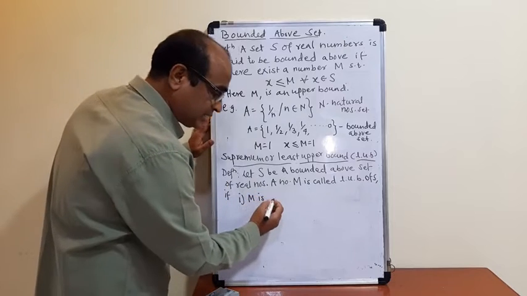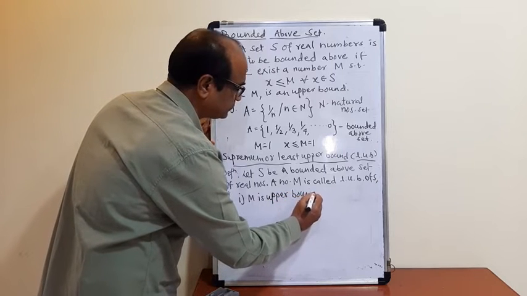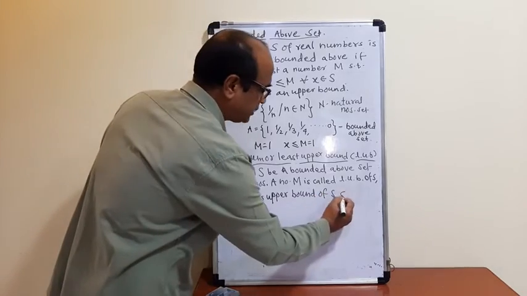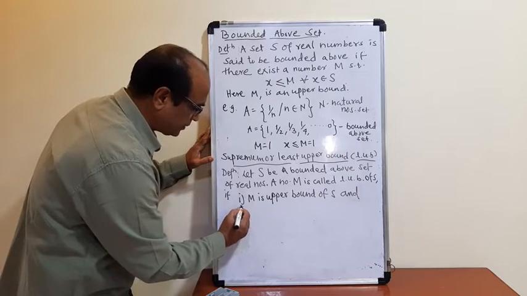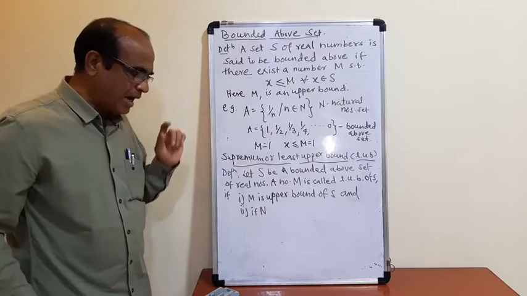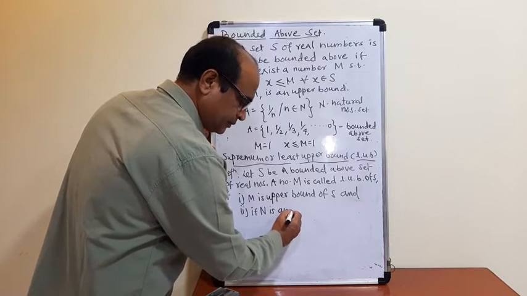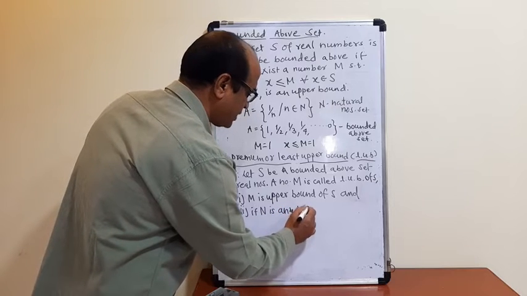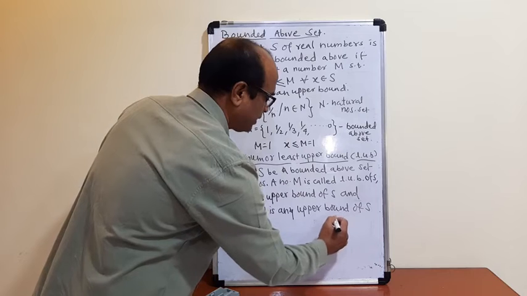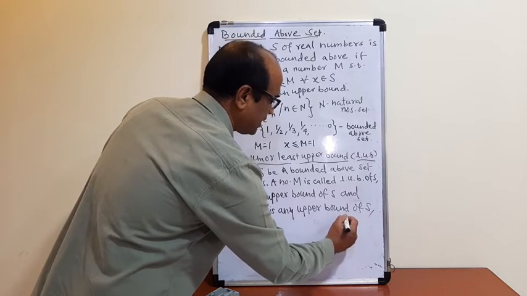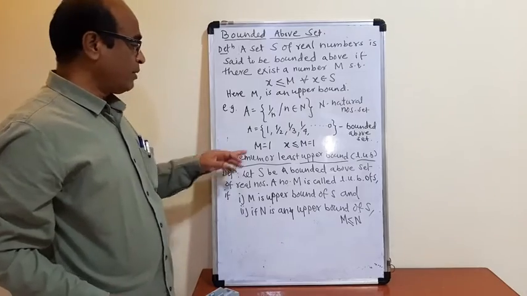M is an upper bound of S, and also, if capital N is any other upper bound of S, then M is less than or equal to N. So what is the supremum or least upper bound?